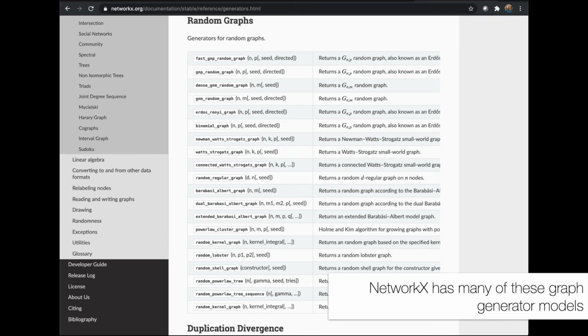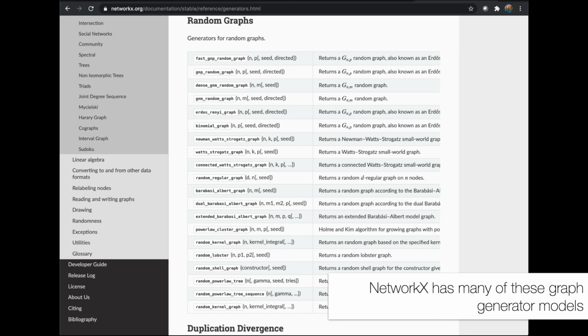And the parameters for each one of these graph generators are parameters that we've already discussed. So the Erdos-Renyi graph generator has parameters for n, the number of nodes that you want to see, and p, the probability of edges between pairs of nodes. The Barabasi-Albert graph has the parameter n, how many nodes you want to have in the graph, and the parameter m, how many connections each new node creates when it joins the graph.